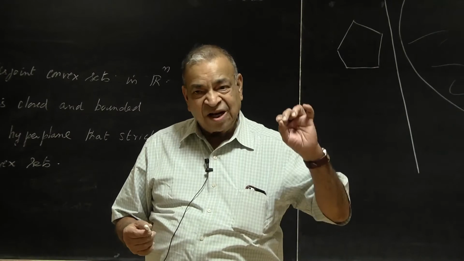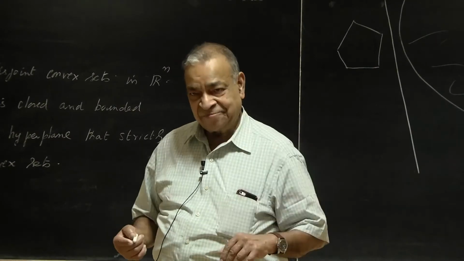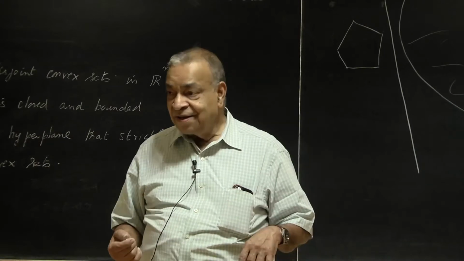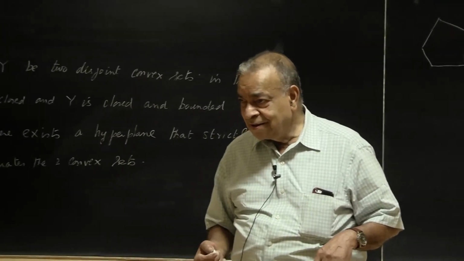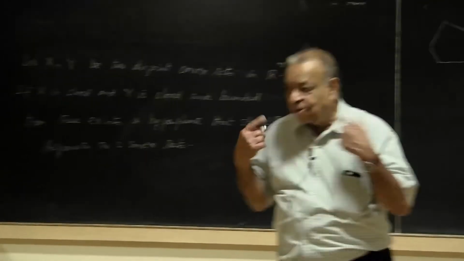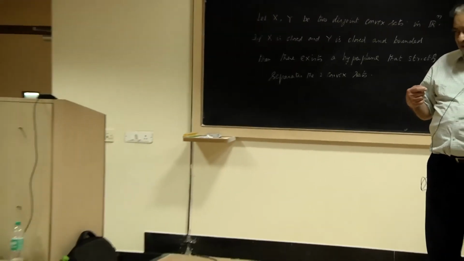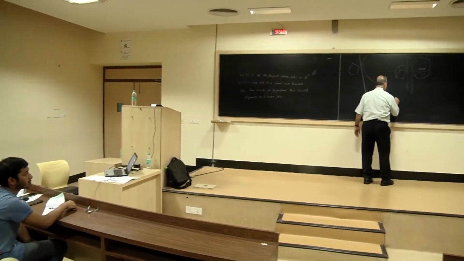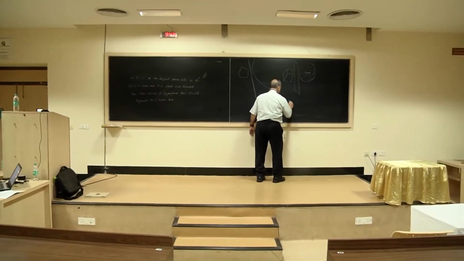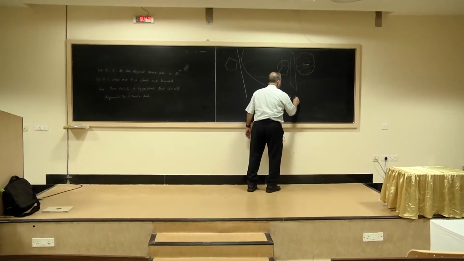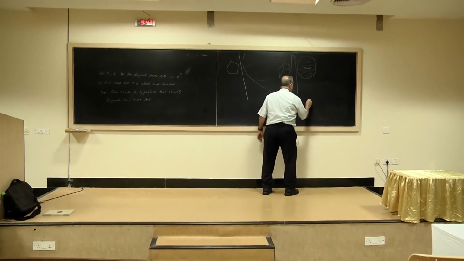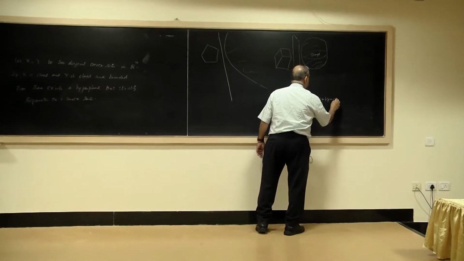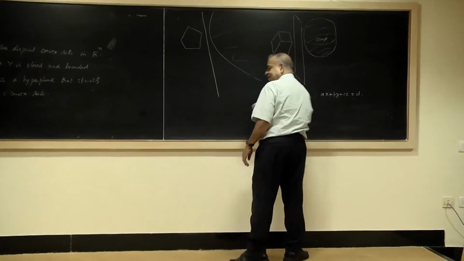Now, how do you represent the equation of a plane? Ax plus by plus cz plus... Okay, so the equation of the plane is ax plus by plus cz equals d.